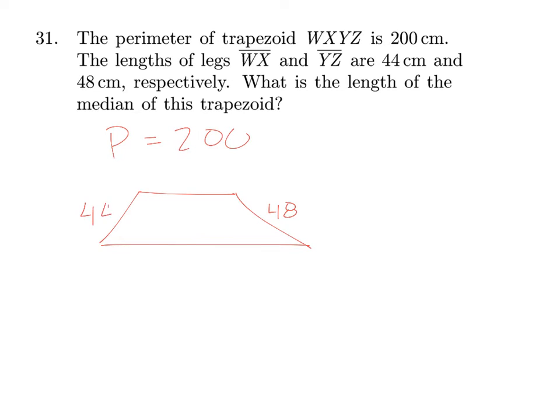This one's 44. All right, what is the, I'm going to call it WXYZ. We're going to have to walk around the figure. What is the length of the median of this trapezoid?